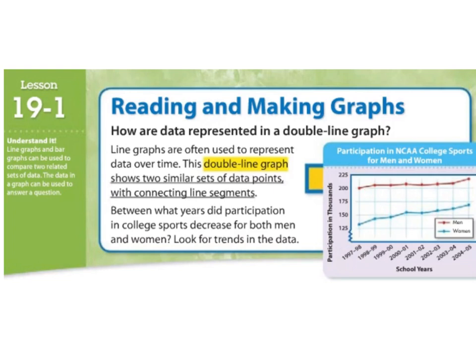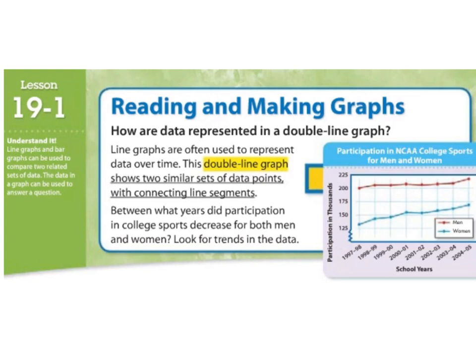I see that here they're comparing men and women in participation in NCAA college sports for men and women. So how many participate in the thousands? Here we see there's 200,000 in the year of 1997 to 1998 that participated in men's NCAA college sports.